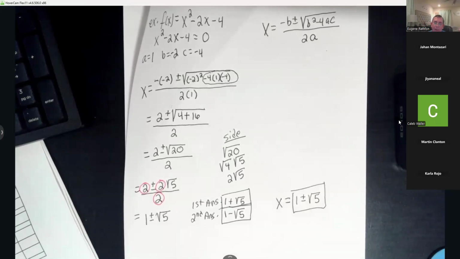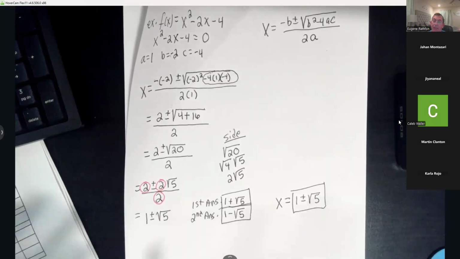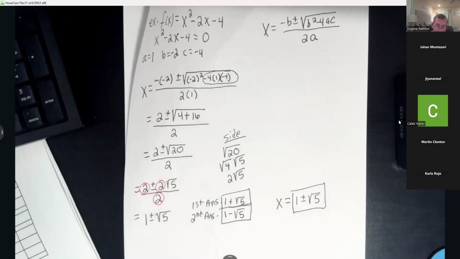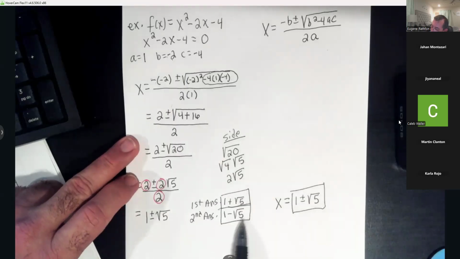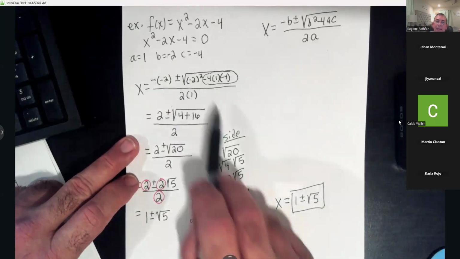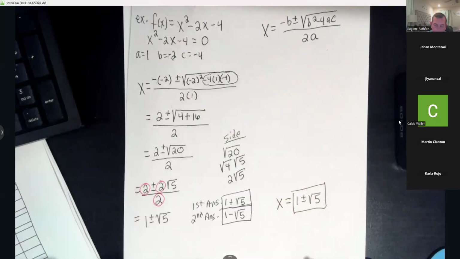Okay? But you can put them in 1 plus square root of 5, comma, 1 minus square root of 5 if you want to. Good, y'all. So, look here, this quadratic formula can solve any quadratic equation, okay? So I'm going to do a couple more examples and then I'll let y'all be on your own, okay?